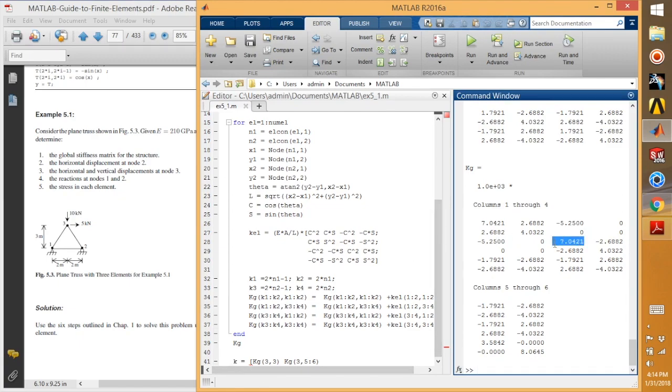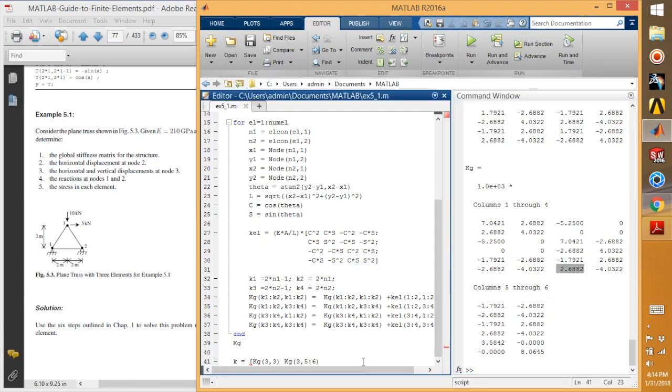We are taking these elements because we are finding the displacement at node 2 horizontal and node 3 horizontal and vertical. Then after this, we'll have 5 to 6, 3.